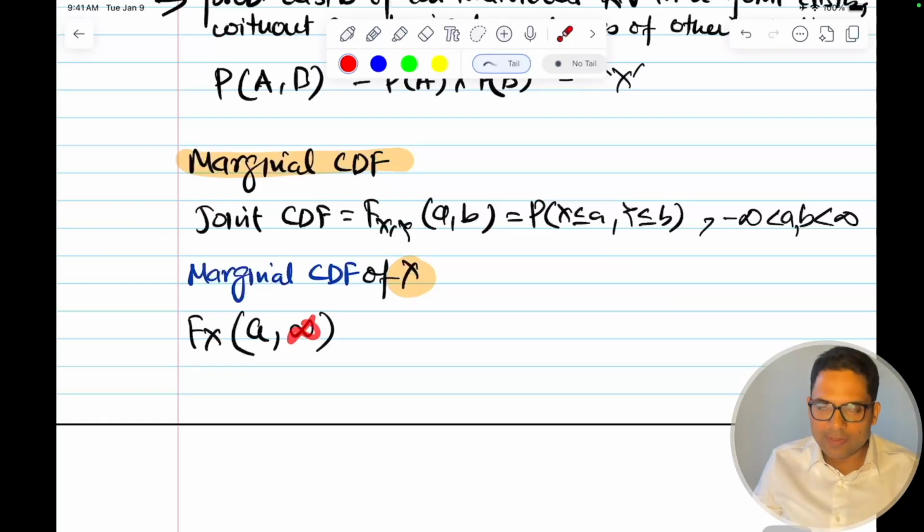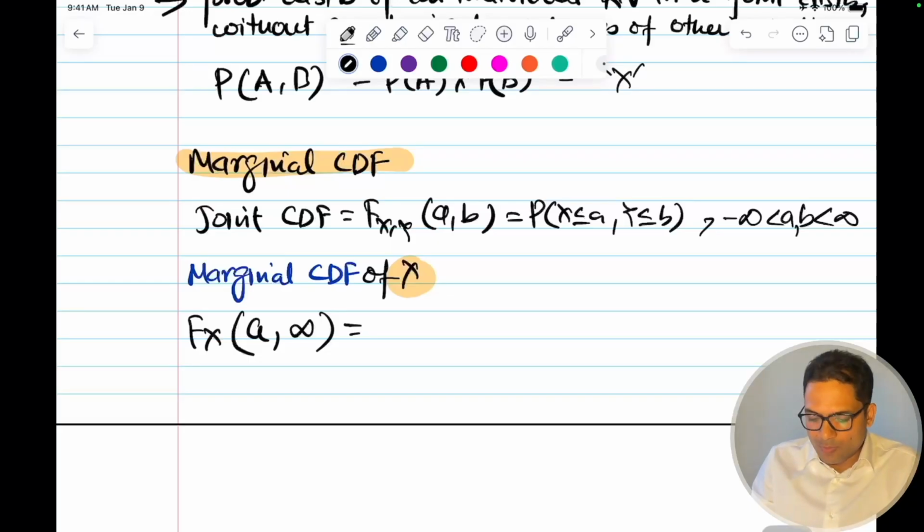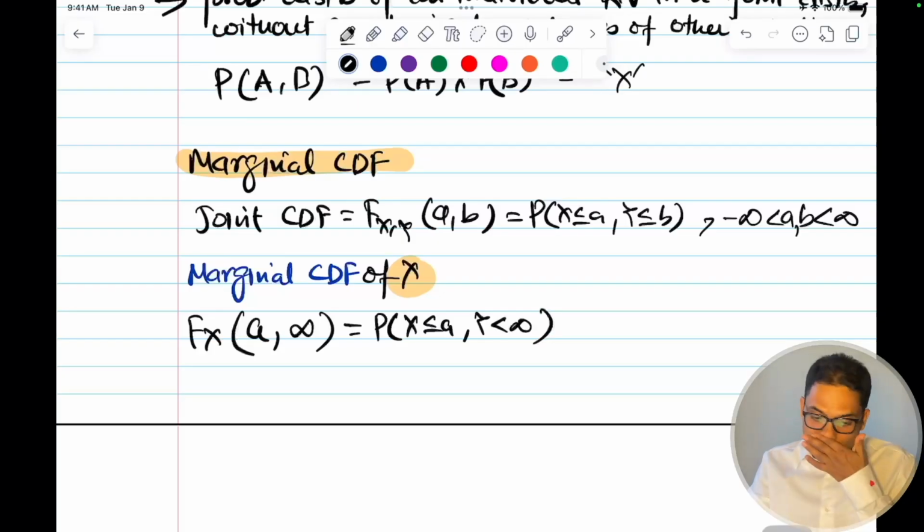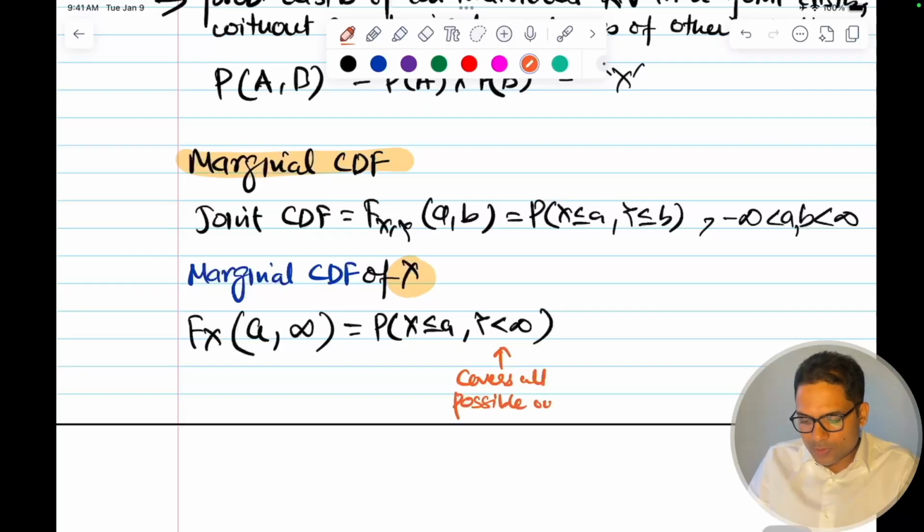So we write that as infinity, that it will give me all the possible values of y from minus infinity to infinity. That's how we make the other variable not matter. We don't consider that. So this will be equal to the probability of x less than or equal to a and y less than infinity, which means all the possible outcomes.